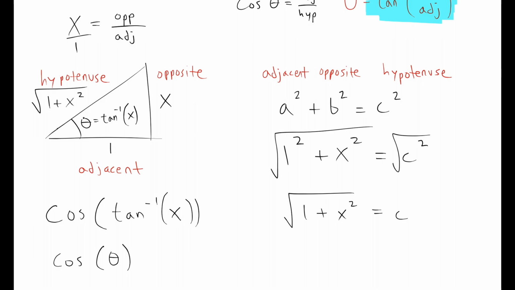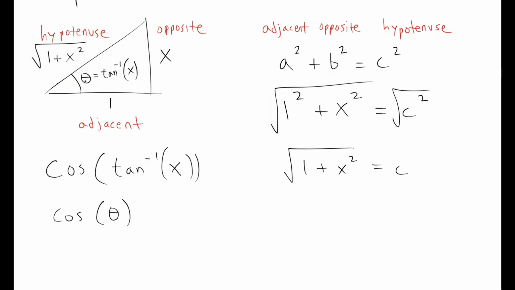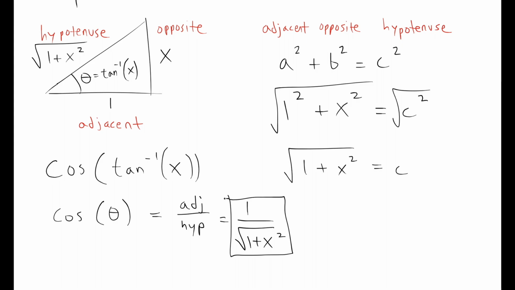If we look at our angle and the legs of the triangle that contains theta, we would now use the definition of cosine theta as adjacent over hypotenuse. And so now we can divide the 1 by the square root of 1 plus x squared. And that's the answer to the question.